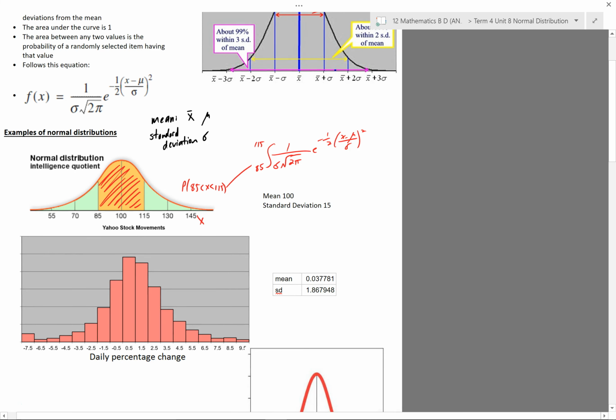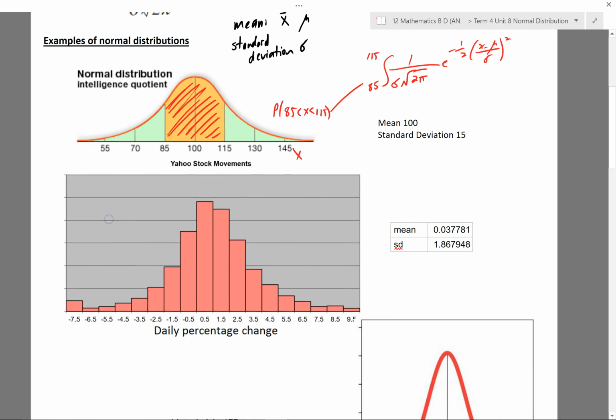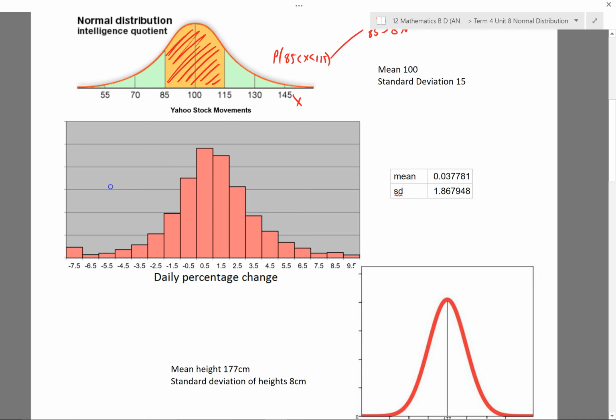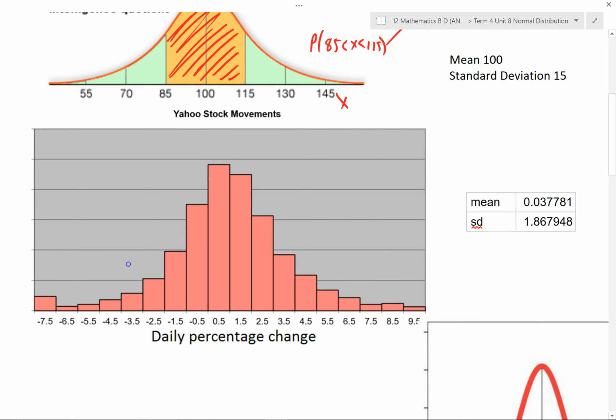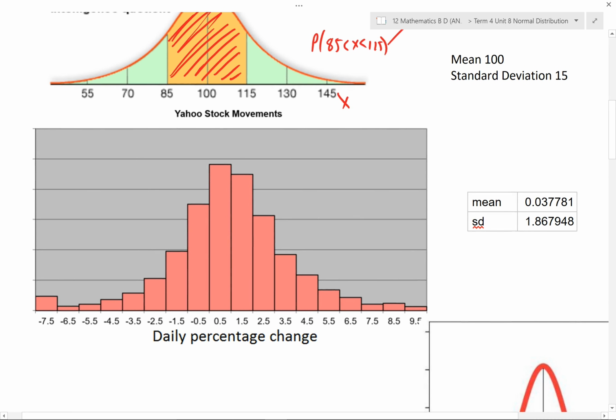Here are two other examples of things that are normally distributed. If I look at the stock market and how it changes each day for a particular share, for Yahoo, even though Yahoo's pretty much dying at the moment, this is historically what's happened over the last year. On some days, Yahoo's share price has gone up almost 9%.